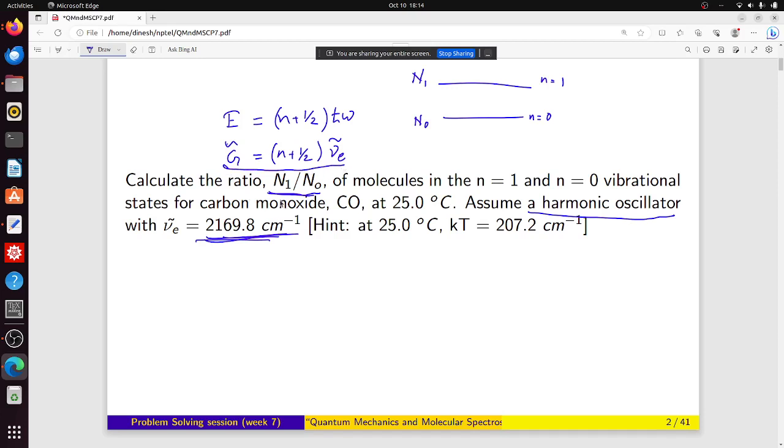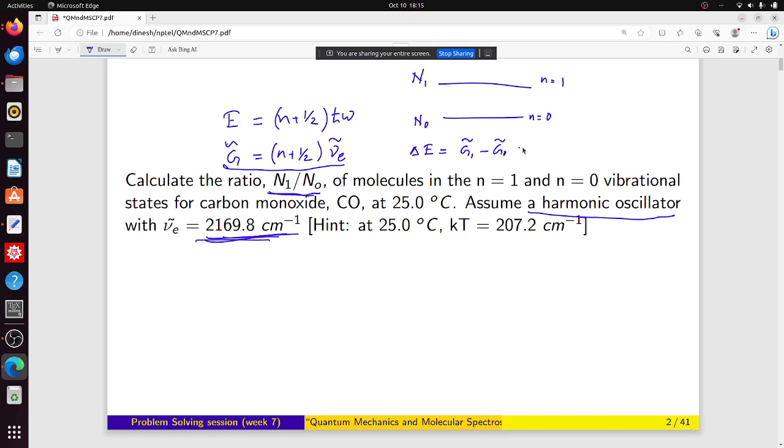Now we can calculate the energy difference between these two states. So this energy difference delta E, we can write G1 tilde minus G0 tilde, right?